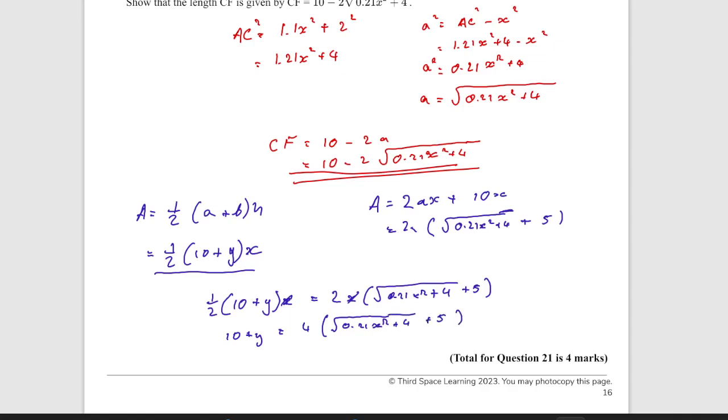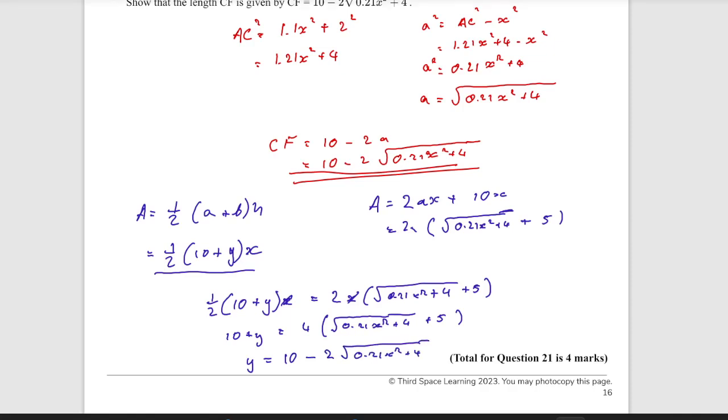So that would give me 20, and then subtract 10, so y would be equal to 10 minus 2 lots of the square root of 0.21 x squared plus 4. So that would have worked.